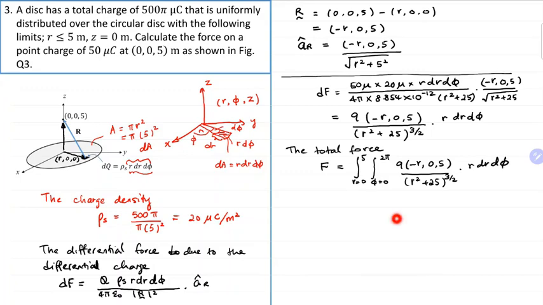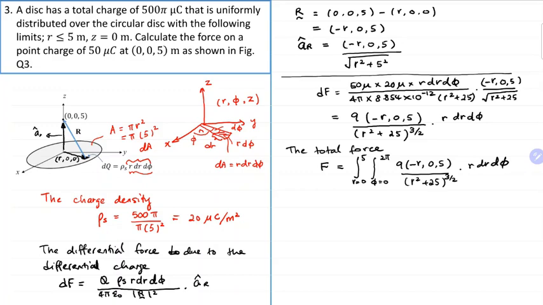So we can see that it has an r component and a z component, but due to the symmetry of the disk, we know that the force in the radial directions, the a sub r directions, will cancel out.